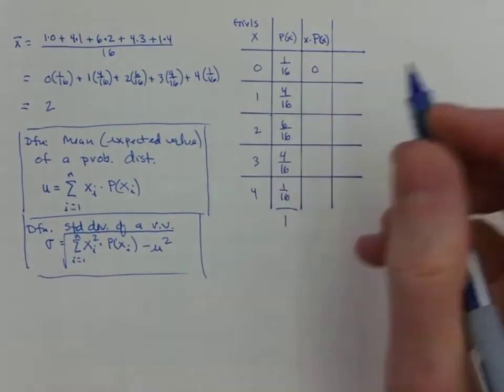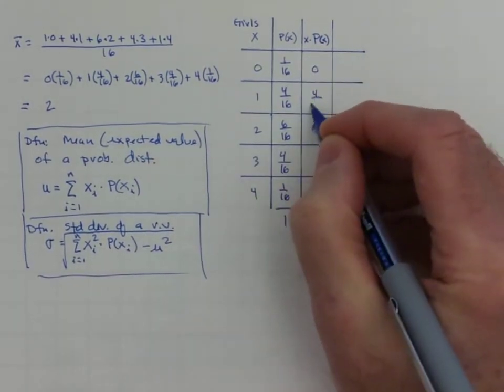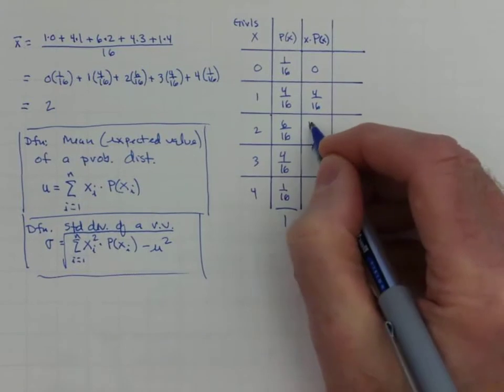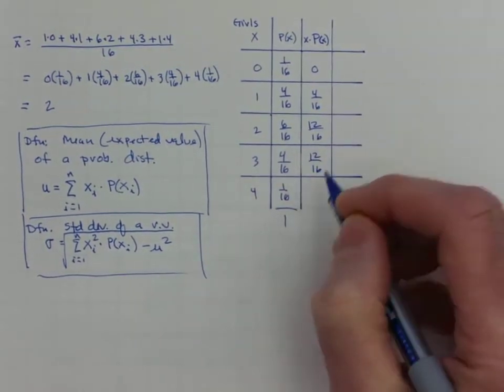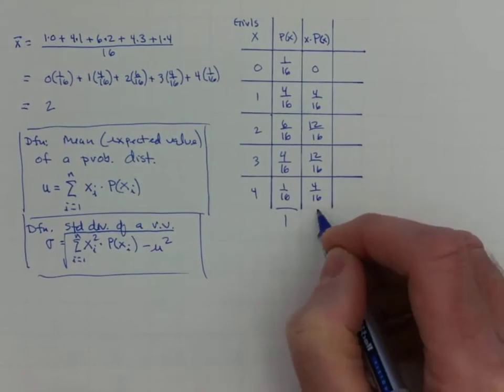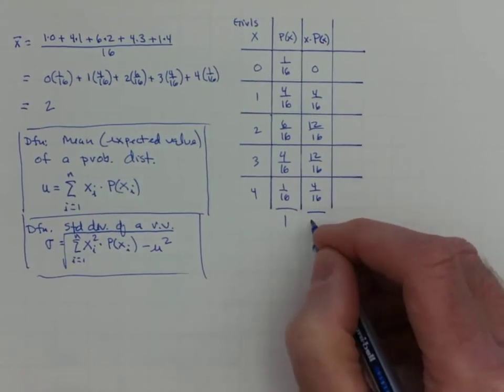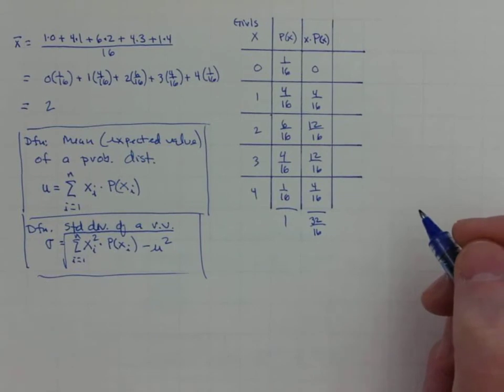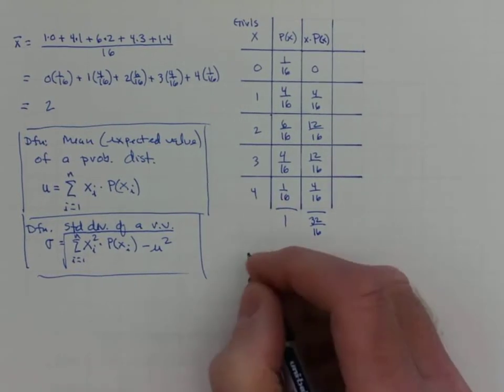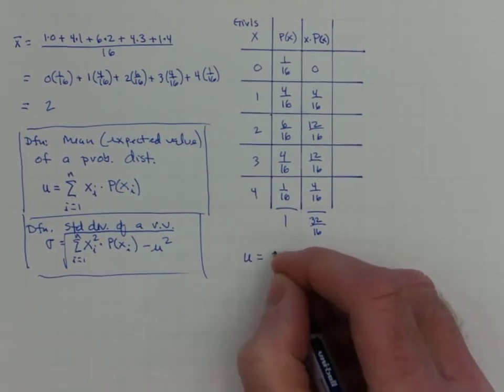So I got 0 times 1/16, I got 1 times 4/16, I got 2 times 6/16, I got 3 times 4/16, I got 4 times 1/16. And if I add them up, as we said already, I've got 32/16, which of course is 2. So that would be the mean of this particular probability distribution.